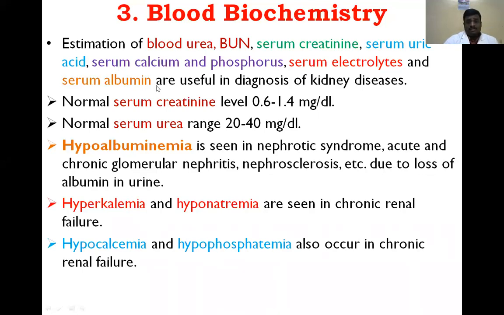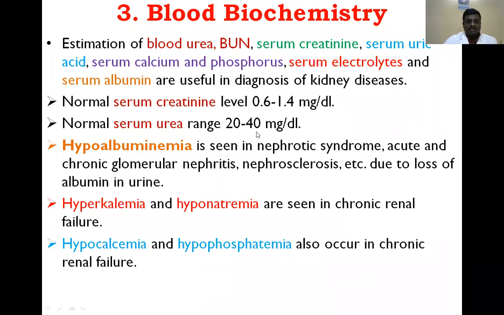Renal profile means blood tests for renal examination. Normal serum creatinine is 0.6 to 1.4. If there is a problem in the kidney, it can rise above 1.4 milligrams per deciliter in the blood sample.